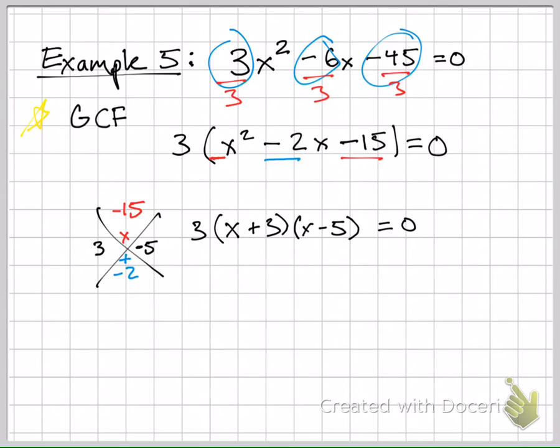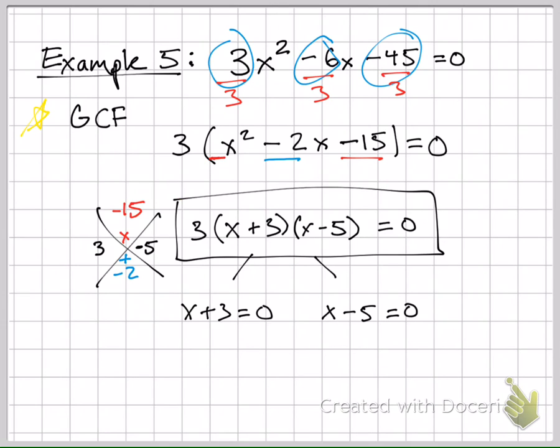So in this case, essentially that 3 didn't even matter because if I were to solve this, I would just split the two parentheses or two factors equal to 0. All right? But just so you know, this is the correct factored form. So if I ever ask you for factored form, I do need that 3 in the front. All right? But here, let's just solve this out.